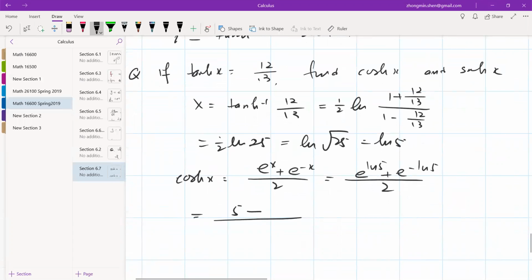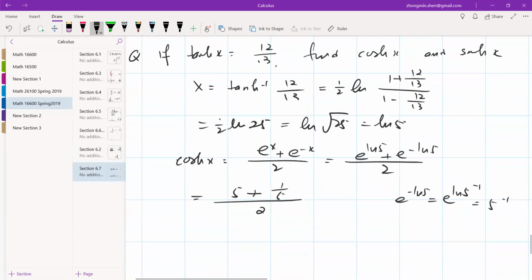The second one is going to be 1 over 5, because e to the natural log of 5 is 5. So you will get 5 plus 1 over 5, that is 25 plus 1, 26, divided by 2. So it's going to be 13 over 5.